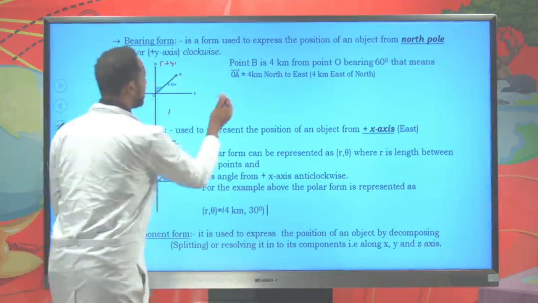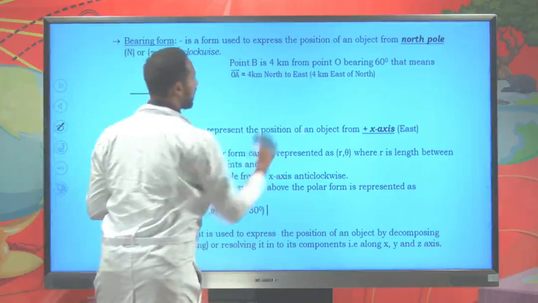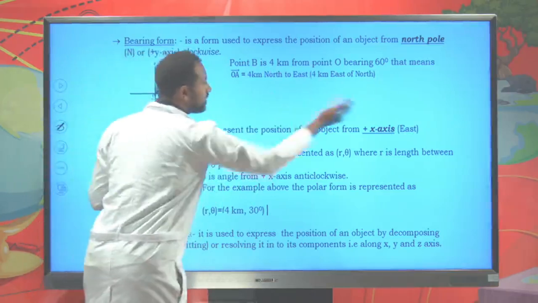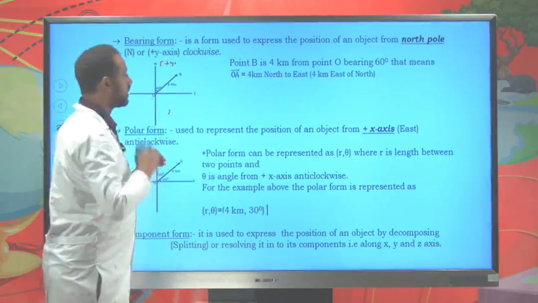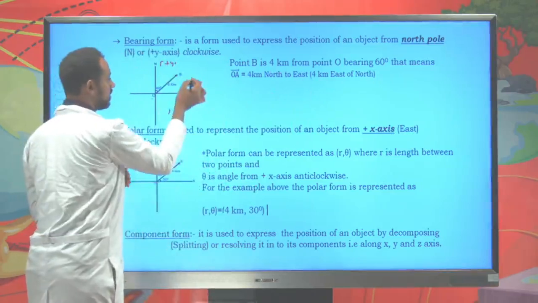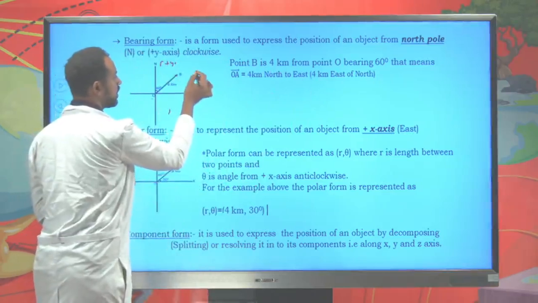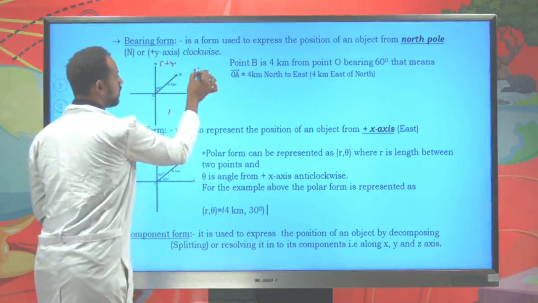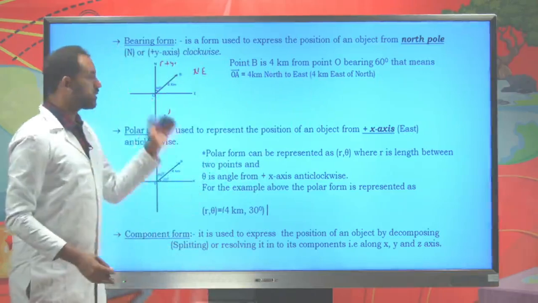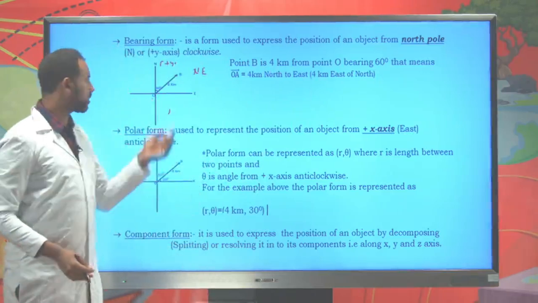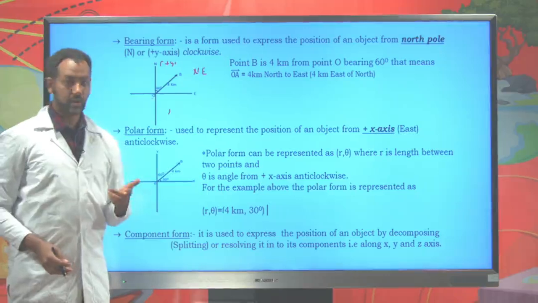Therefore, in this case, point B is 4 kilometers away from point O. Bearing 60 degrees means from north, clockwise 60 degrees. In this context, it's possible to say north to east, 60 degrees. So such a method of representing the position of something is known as bearing.